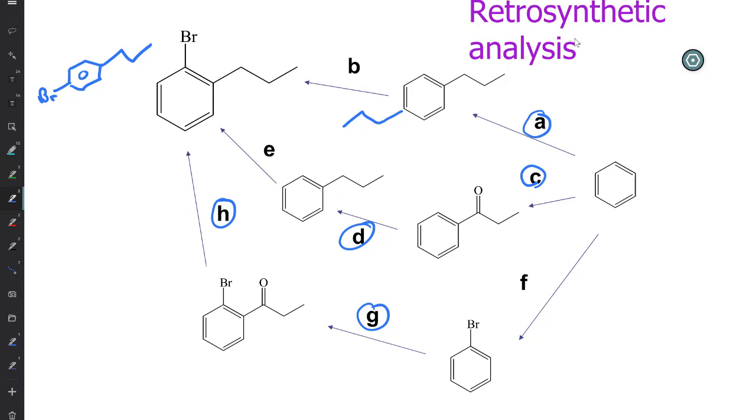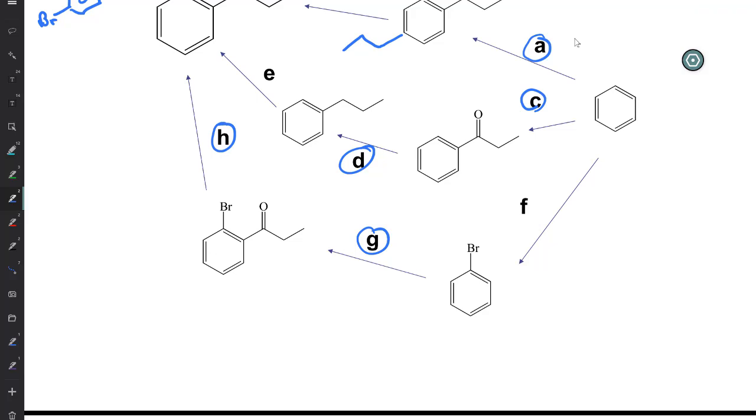You could do either, but typically what you would normally do, and it's not shown here, is add a protecting group. So for example, I have this bromo group here, or I have this alkyl group here. The in-between step would be to add a sulfonate group.